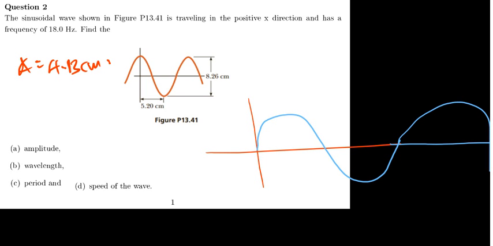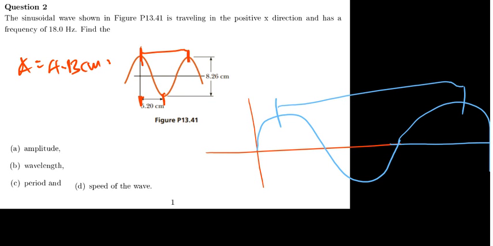Here we have been given from this point to this point, that is one successive crest. Since from this point to this point it is 5.20, if we do times 2, we are going to get our wavelength.